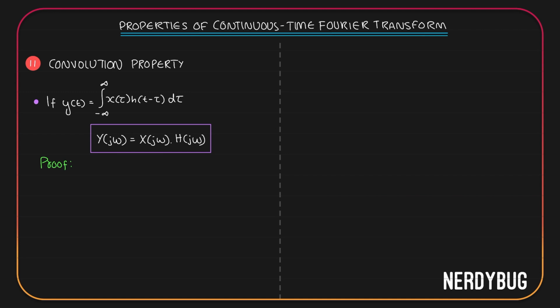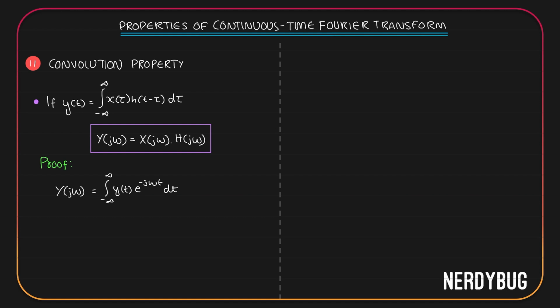We have to prove that if y of t is the integral from minus infinity to infinity x of tau h of t minus tau d tau, that is the convolution of x of t and h of t, then Y of j omega will be equal to the product of X of j omega and H of j omega. Let us start by defining Y of j omega. Y of j omega will be the integral from minus infinity to infinity y of t e raised to minus j omega t dt.